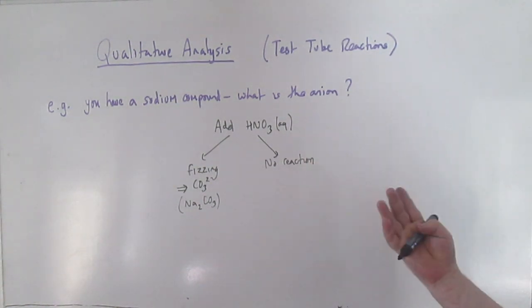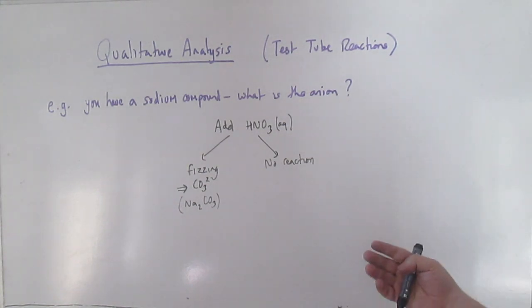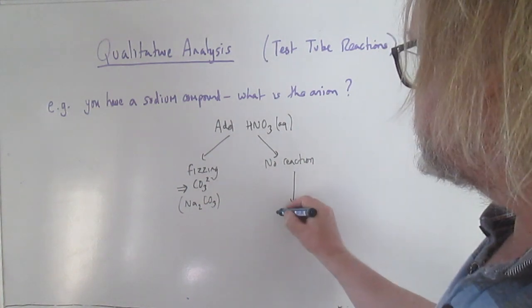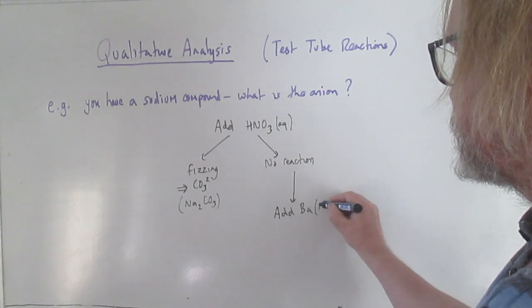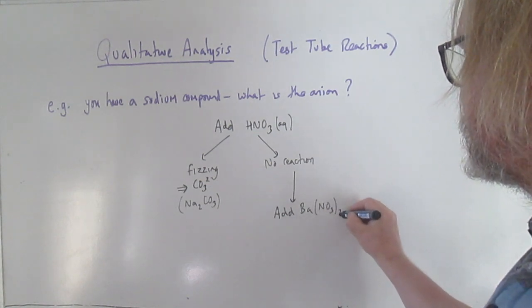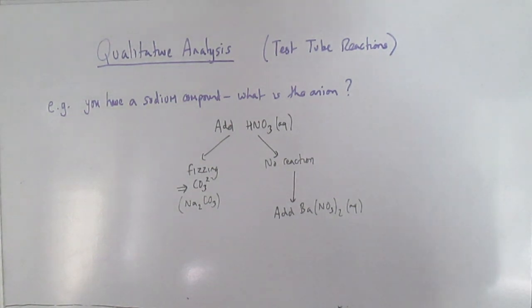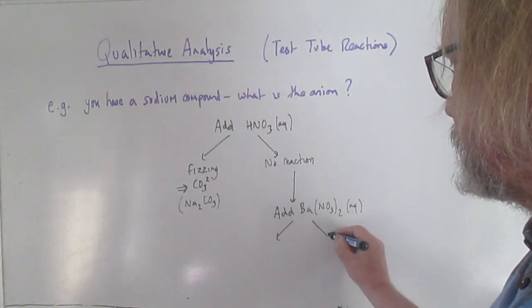But if there's no reaction, we go on and we say, well, it's not a carbonate, so we do the next test. And the next test is that we add barium nitrate solution. And the reason we do that is that it will detect sulfates, because you will get a precipitate of barium sulfate. So again, two possible outcomes.